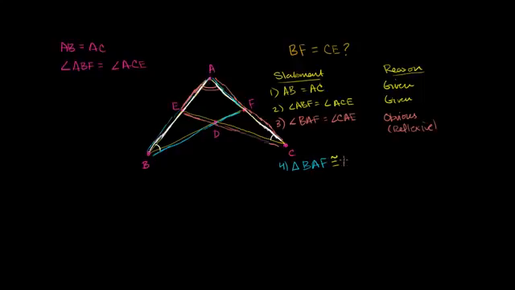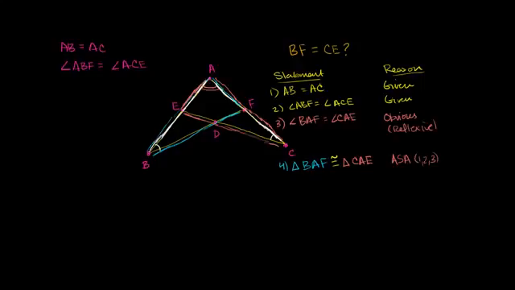White angle, orange angle, and then the unlabeled angle in that triangle right over there. And this comes straight out of angle, side, angle, ASA, and this is one angle, and this is the side in between, and these are the two angles. So it comes out of statements 1, 2, and 3. And so they are congruent.